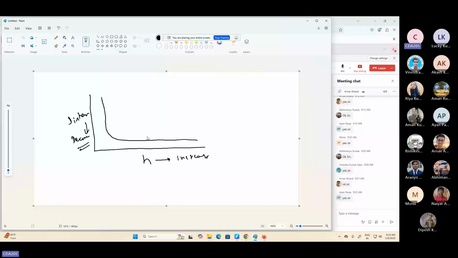Okay, this is the graph. So I think now, Arnav, are you clear with how to select h? Everyone is clear with how to select h in the Minkowski distance?